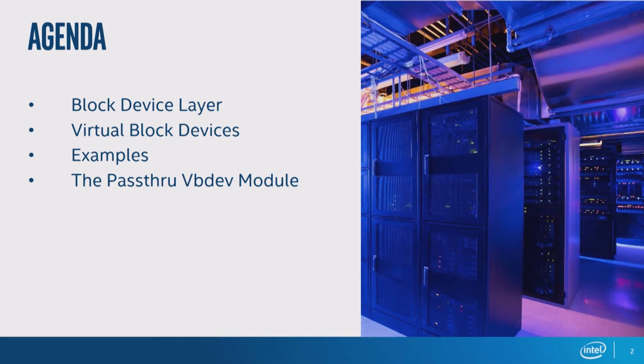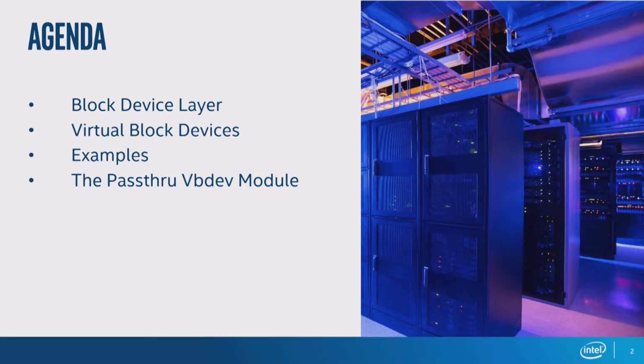Okay, so I can't talk about virtual block devices without doing something about the block device layer, right? That'd be pretty difficult. So I've got a couple slides on the block device layer. We'll talk about what virtual block devices are and some of the common functions, how they're different than regular block devices, and we're going to talk about terminology in just a second. Then some examples, some of which you may not have realized are implemented as virtual block devices.